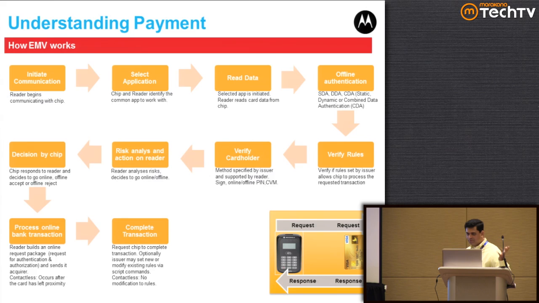Now, encryption, we'll come to that a little bit later. And then offline authentication, what offline authentication has to happen? And then it goes to verify the rules. Now that I've read the rules, how do I verify that what's set by the issuer allows me to go forward with this transaction? That's verified.